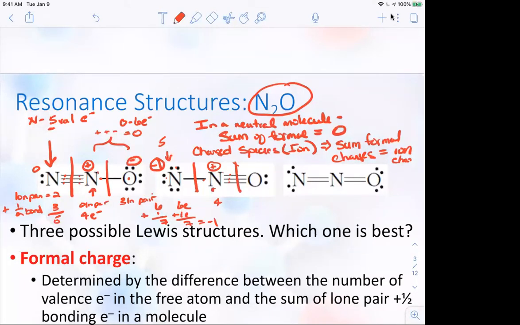on the central nitrogen. And then this oxygen has 1, 2, 3, 4, 5. Oxygen is supposed to have 6. I have 1 lone pair, which gives me 2, and 3 electrons from half the bonding, which is 5. So this is a plus charge.